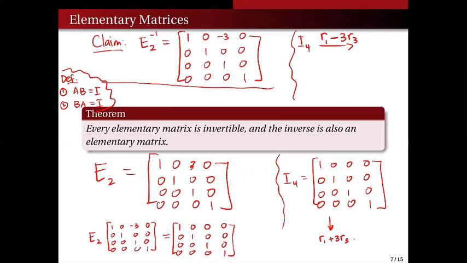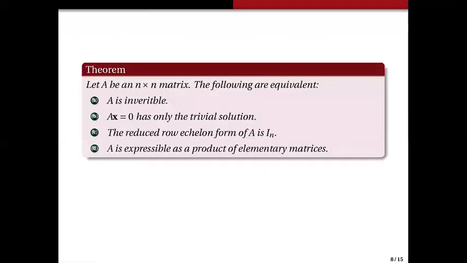Now, this theorem here is very nice. Okay? This connects to the n by n matrix. If we assume A here to be an n by n matrix, and if we assume that it is the matrix of coefficients of a linear system, then we will have this letter B here. But anyway, what does this tell us? You have an n by n matrix, then these four statements are equivalent.